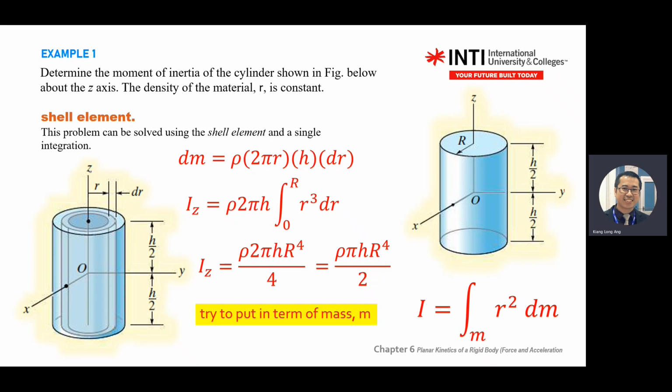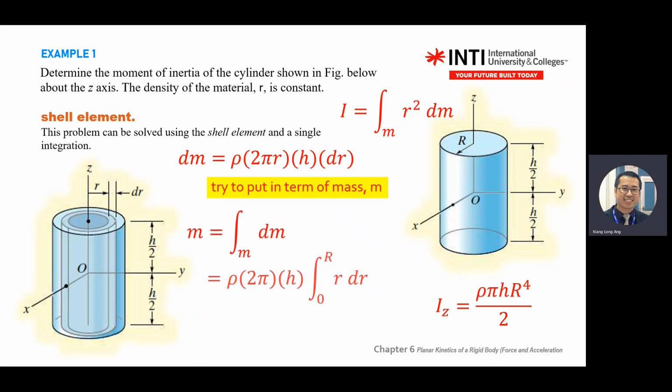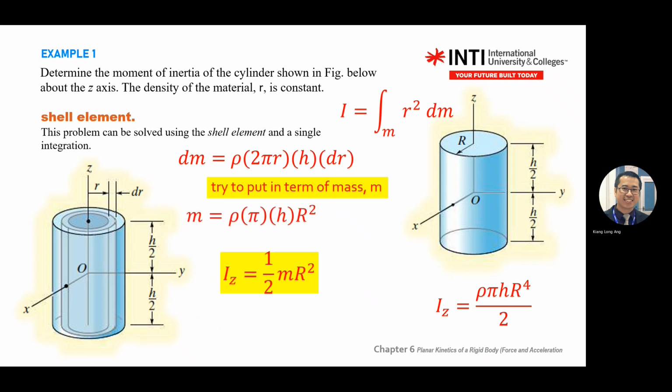So how to get volume? Please pay attention. Okay. So at the end, you get half m r squared.